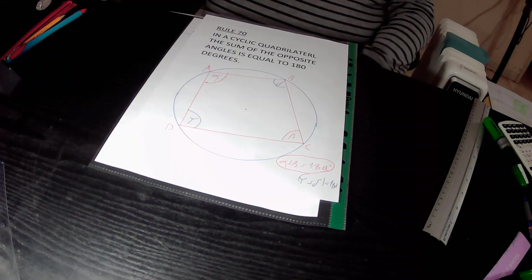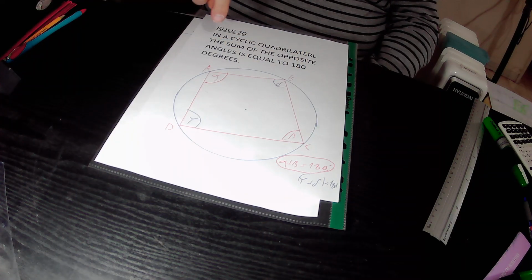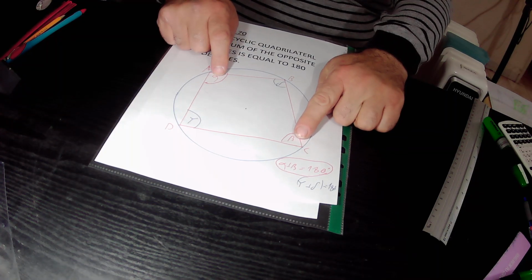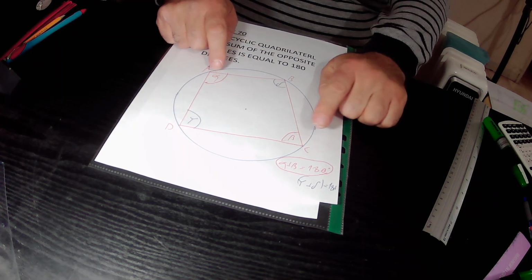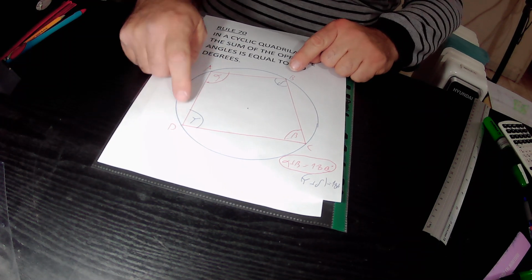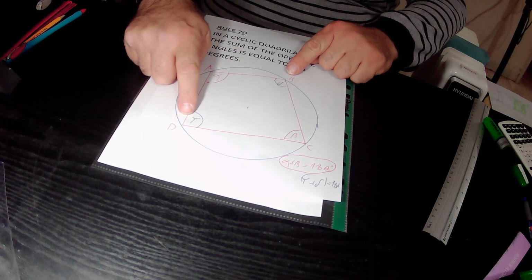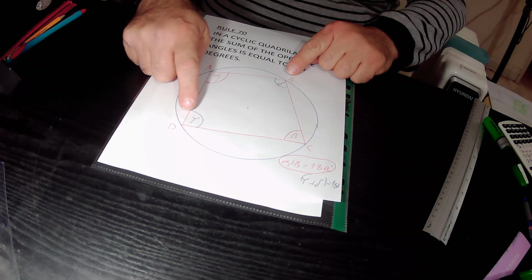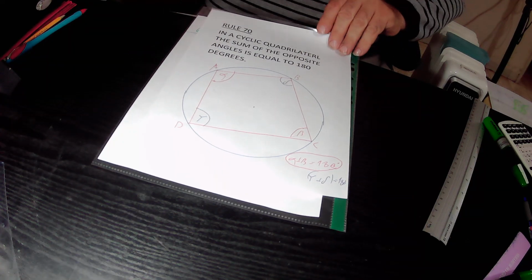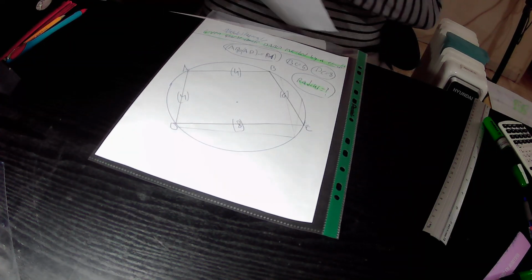That is to say, alpha plus beta equals 180 degrees. Likewise, the sum of the other two opposite angles must also equal 180 degrees. That is to say, gamma plus delta equals 180 degrees.